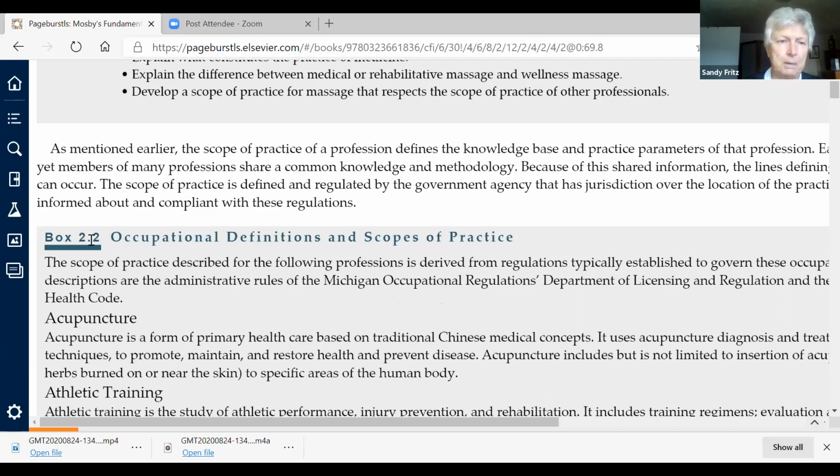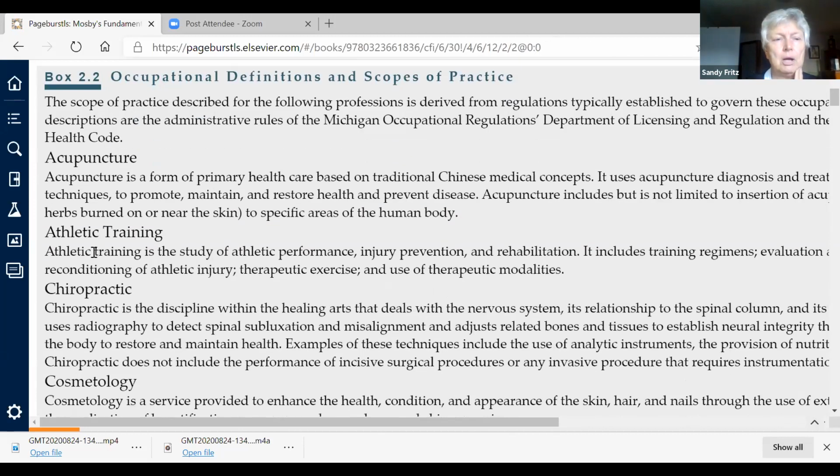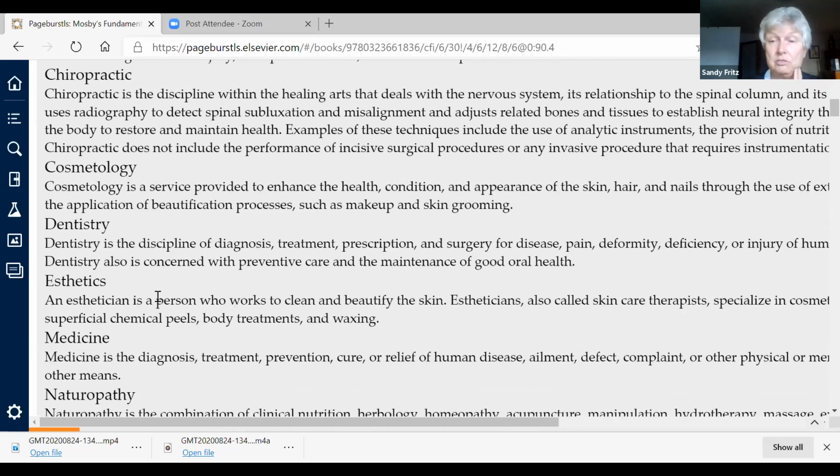This box 2.2, I pulled from the Occupational Regulation Department in Michigan, but they're pretty much standardized. So I have to be careful that I don't function and act like or put myself forward as an athletic trainer, for example, or a chiropractor, cosmetologist, esthetician. I have to respect their scope of practice.